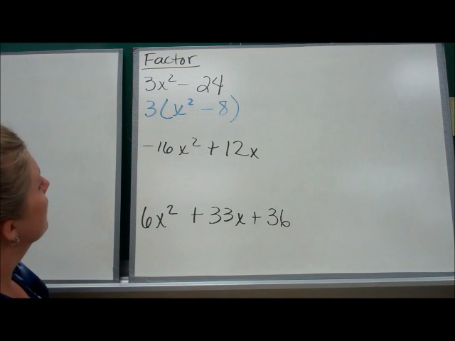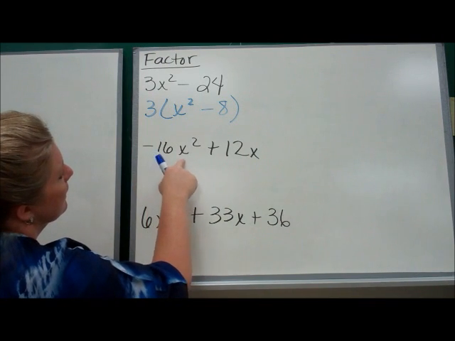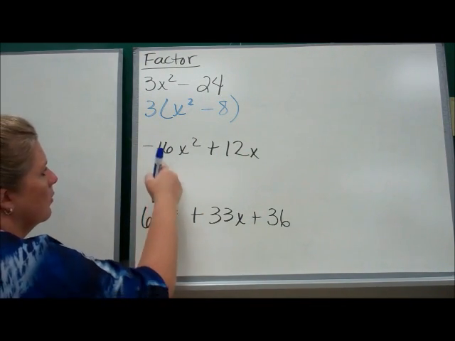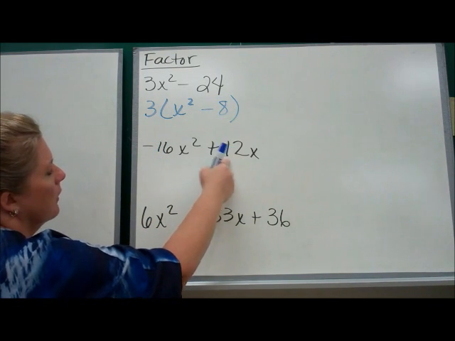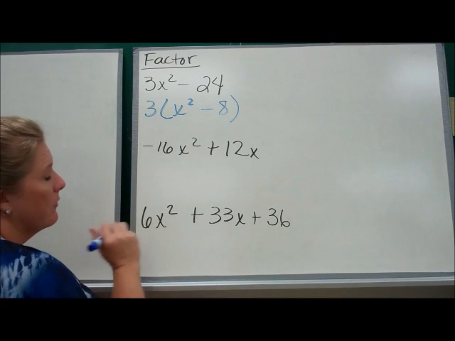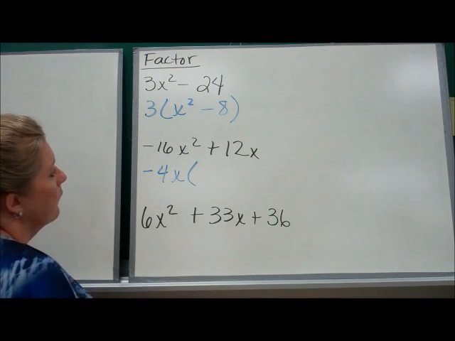Next one. We're going to factor, let's see, we've got negative 16x and 12x. Let's factor the negative out with it. 16 and 12 have a common factor of 4, and x squared and x have a common factor of x. So negative 4x is what we're going to factor out.